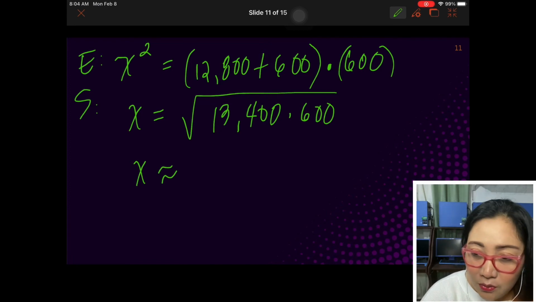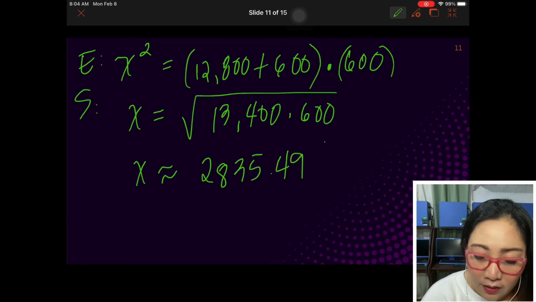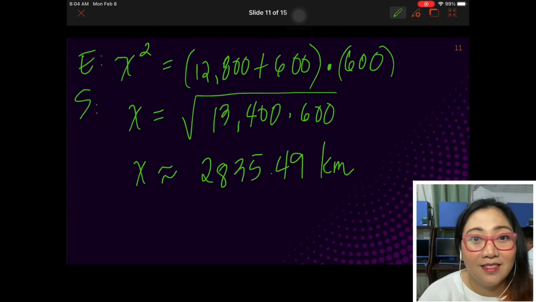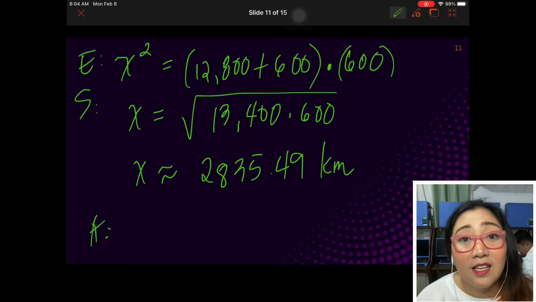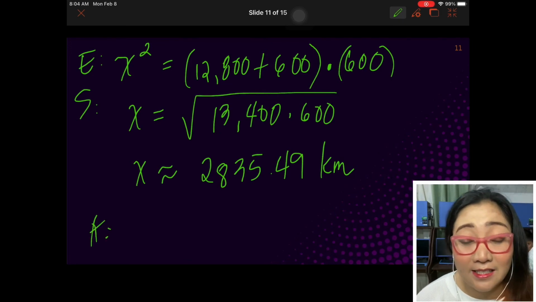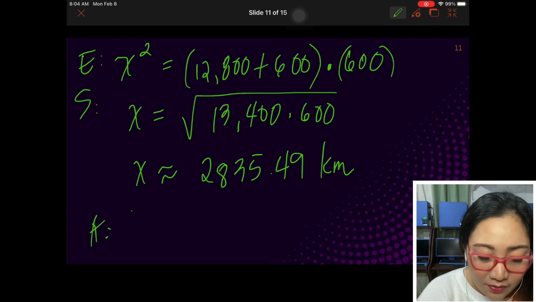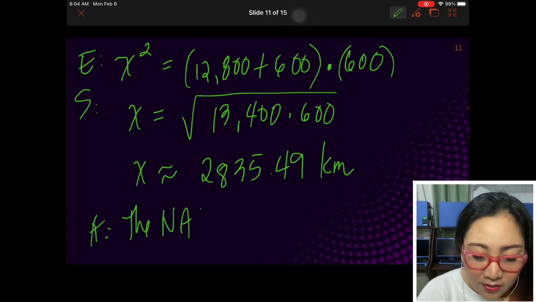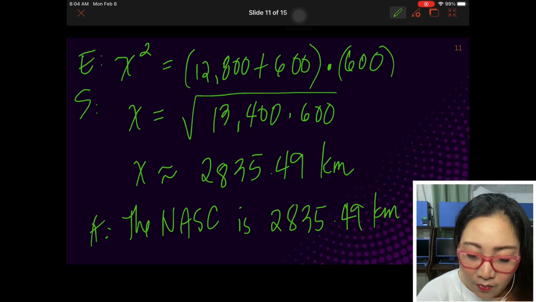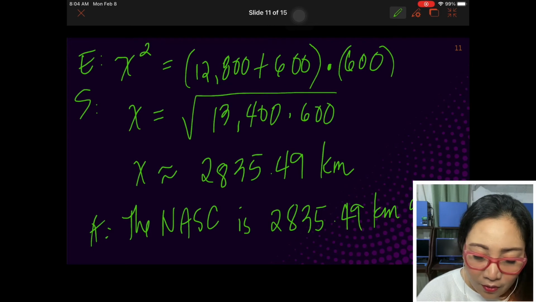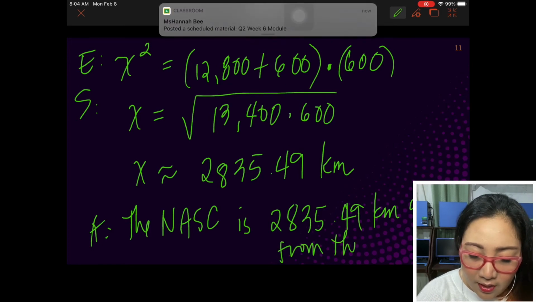It will be 2,835.49 kilometers. Okay? So, of course, since this is RESA, gagawa po tayo ng complete sentence as our answer. So, the Neil Armstrong Space Center is 2,835.49 kilometers away from the astronaut.